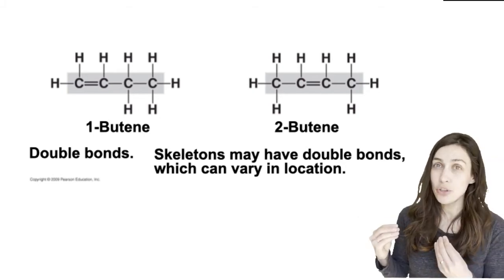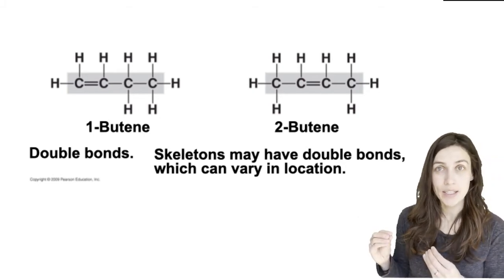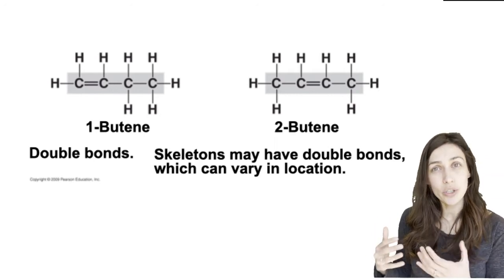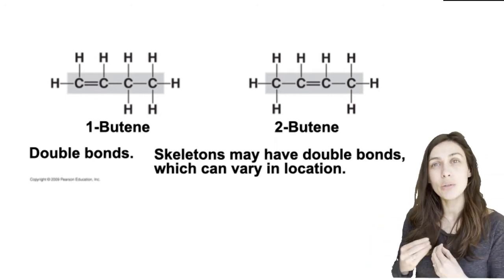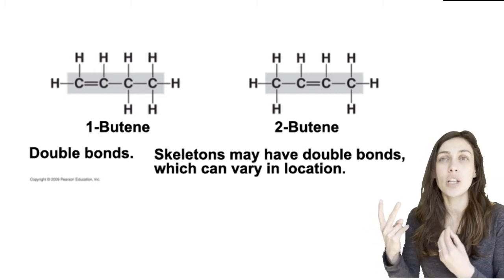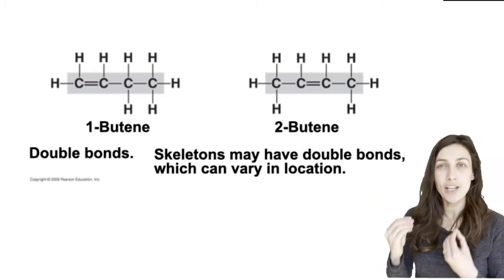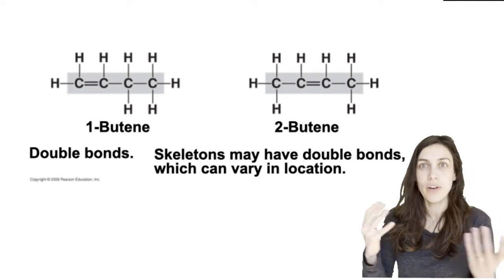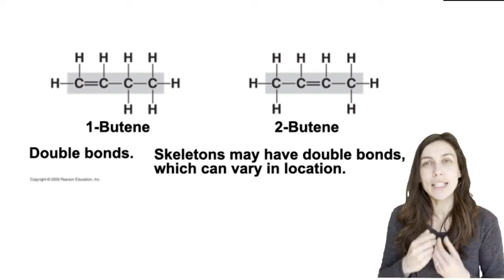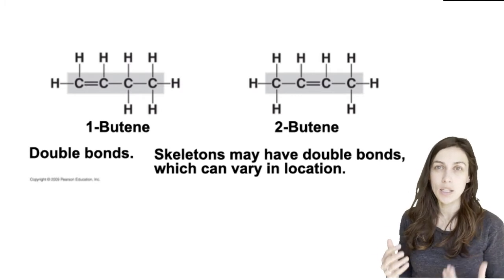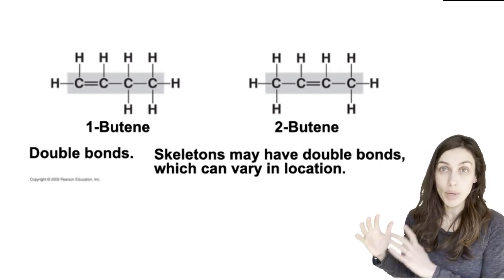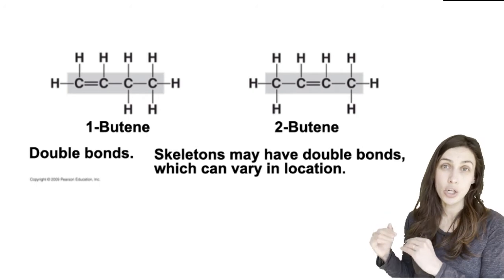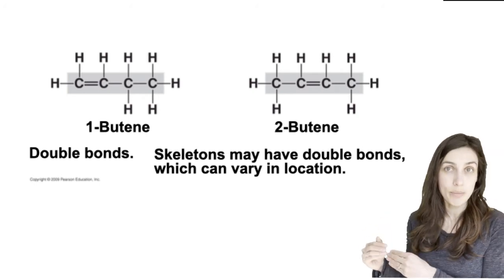Note that hydrogens cannot participate in a double bond, because in order to participate in that, you need to donate 2 electrons to the sharing. And hydrogens only have 1 electron in its valence shell and 1 electron total, so it cannot participate in a double bond. So the only double bonding in hydrocarbons can occur between 2 carbons.